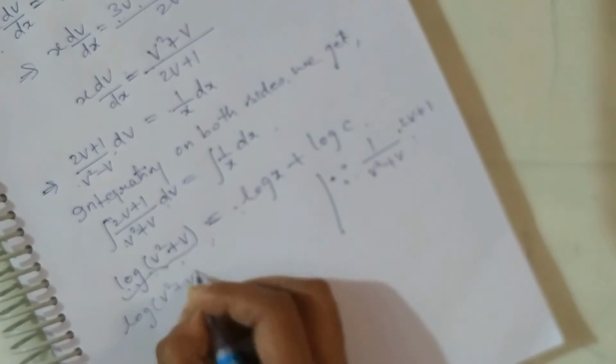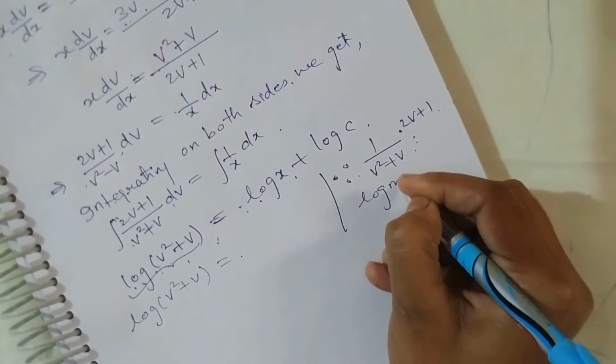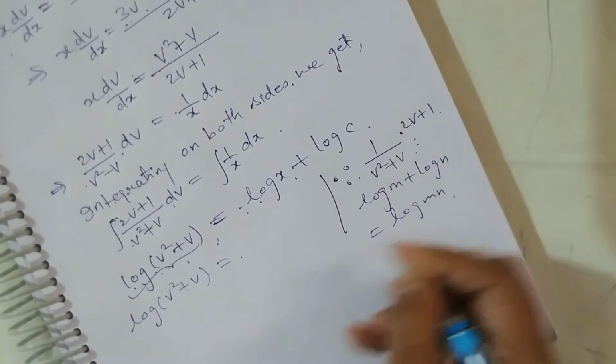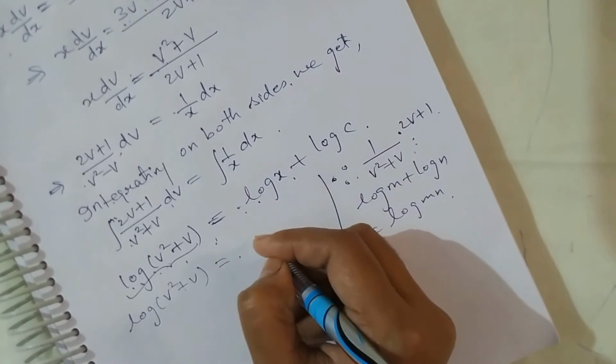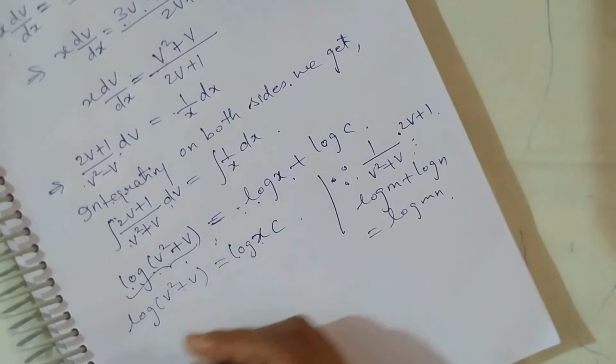Now, log v square plus v is equals to log m plus log n is equals to log mn. We get xc. Log on both sides becomes cancelled.